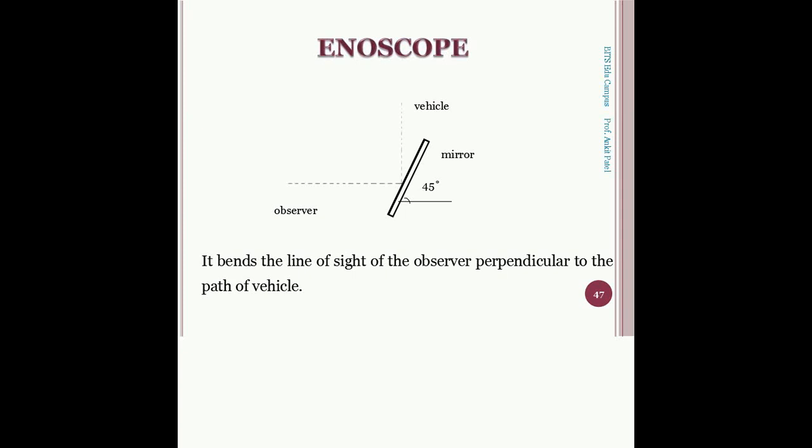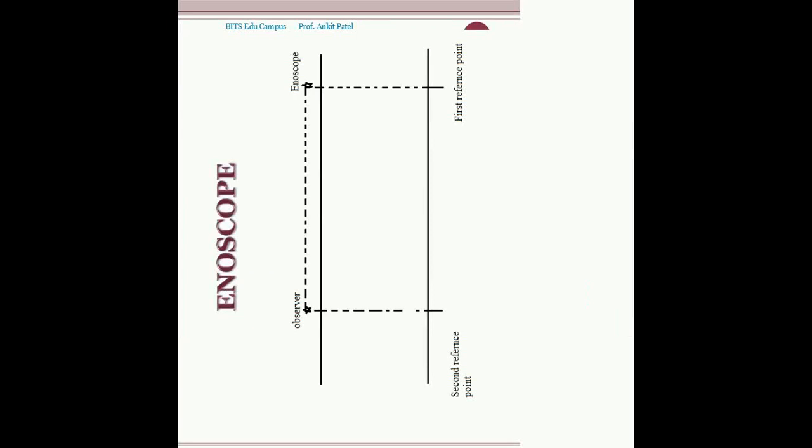It bends the line of sight of the observer perpendicular to the path of the vehicle. This picture shows the first reference point with a tripod and mirror, and the second reference point is the observer.